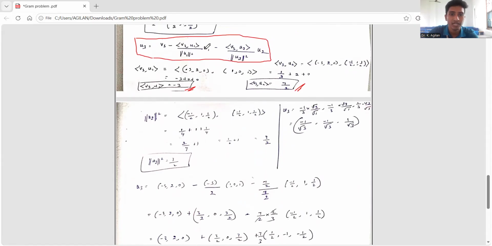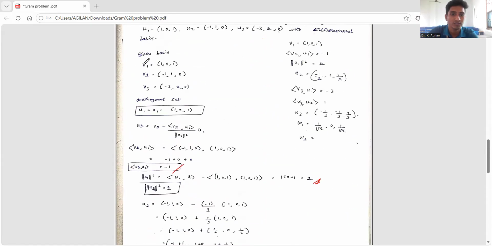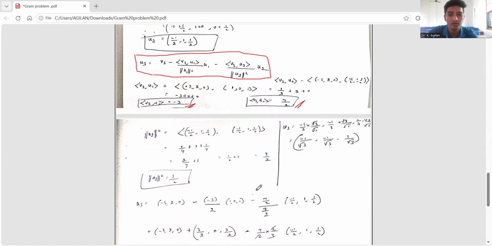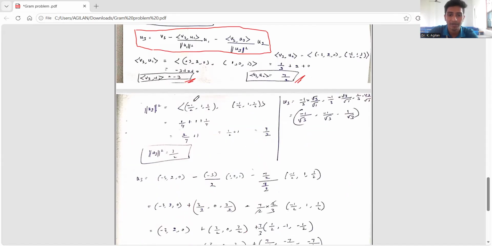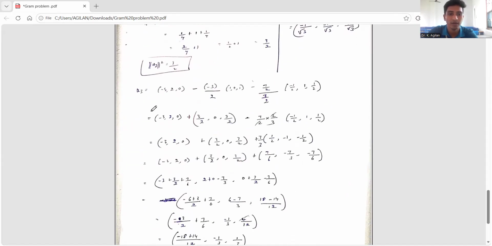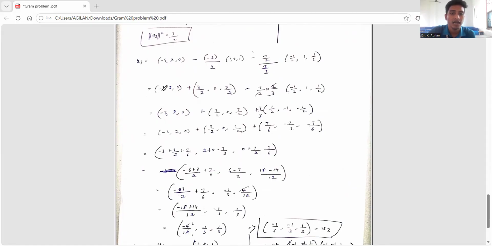And we also know the value of U1: U1 is nothing but V1, and the V1 value is 1, 0, 1. Substitute this value. Minus the inner product of V3, U2, which is 7 by 2, divided by the norm of U2 square, which is 3 by 2, into the U2 value. U2 is minus 1 by 2, 1, 1 by 2, right? So substitute this value along with this formula and simplify these terms. And for this, simplify this term, and here minus 3, 2, 0, minus into minus plus 3 by 2.